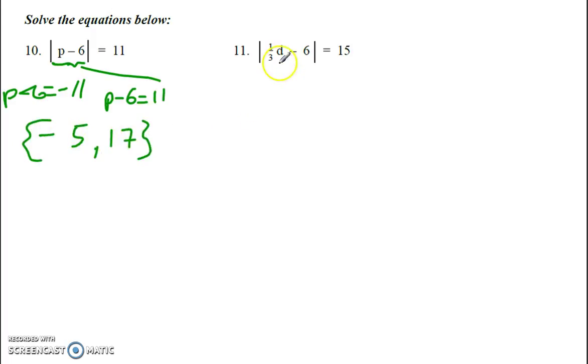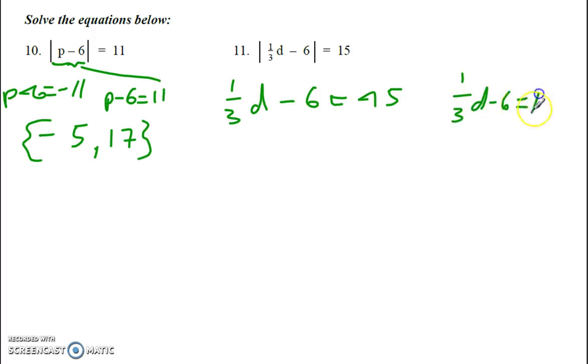Okay, over here, I know you guys struggle with fractions, some of you, so let's set this one up. 1/3 D minus 6 is equal to -15, and 1/3 D minus 6 is equal to +15.